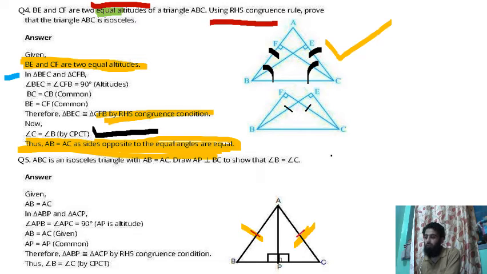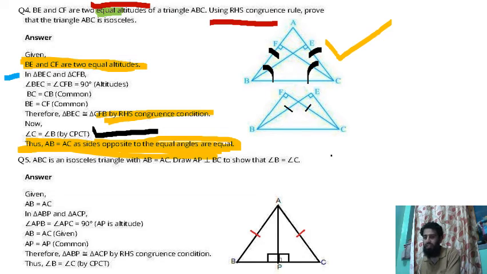Then it says to draw this AP as the perpendicular, and then I have to show that angle B and angle C are equal to each other. We know that they will be equal because an isosceles triangle has two equal sides and equal angles opposite to them, but we have to give a proof for it.